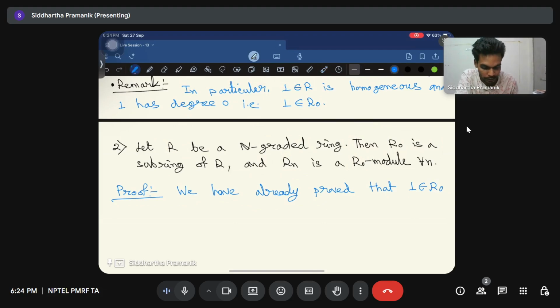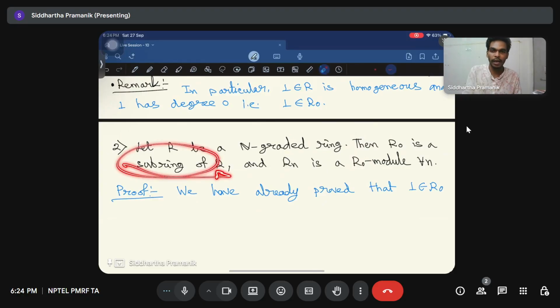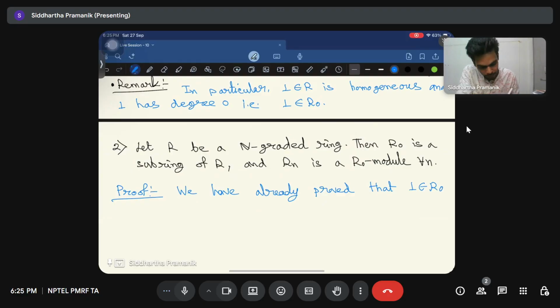So to prove that R naught is a subring, we have to prove that it is closed under addition and closed under multiplication. Since R naught is a subgroup of R, by definition, because R is an N-graded ring, its homogeneous components have to be subgroups, it is closed under addition.